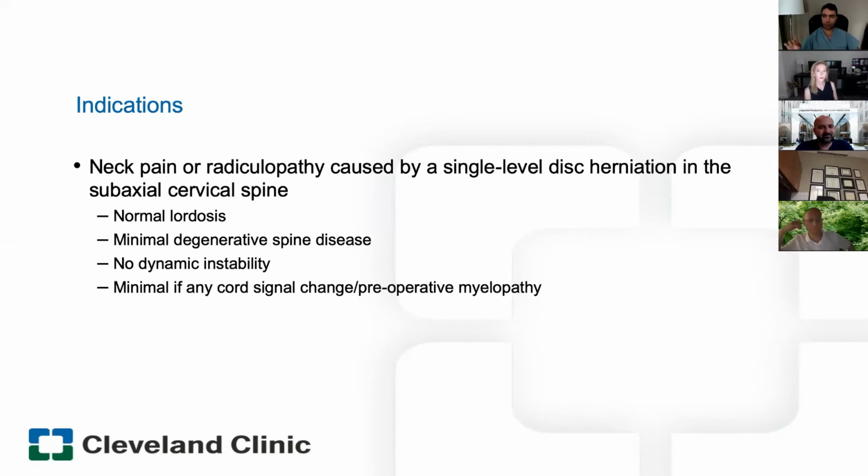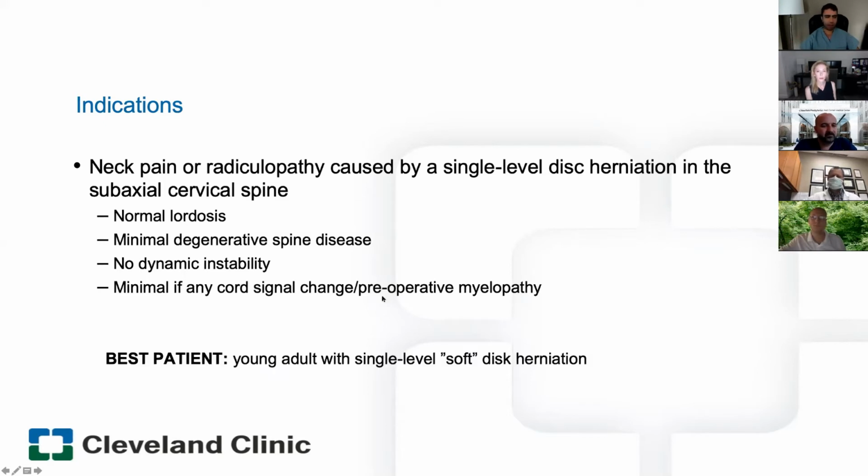There is some literature that we'll talk about, but it's not as clear-cut or strong as for these indications. These patients need to be essentially perfect when it comes to their spine, except for that 1 or 2 level disc disease. They need to have normal configuration of their spine, meaning normal lordosis, minimal spine disease at other segments, no dynamic instability, as Dr. Baj said before. You don't want to see these patients on flexion extension x-rays having any sort of overt instability, and they really can't be very myelopathic.